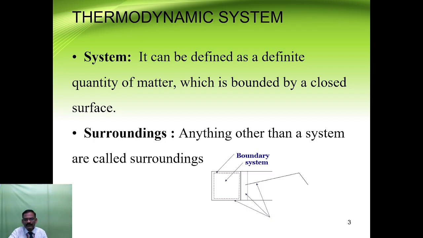The boundary is the partition layer which separates the system and the surrounding. So here we see three important parameters: one is the system, another is the surrounding, and the third is the boundary.